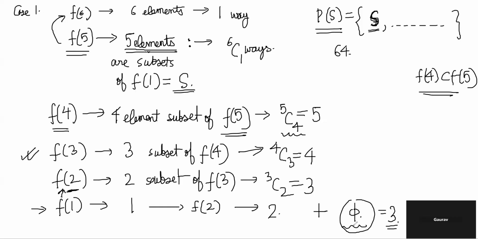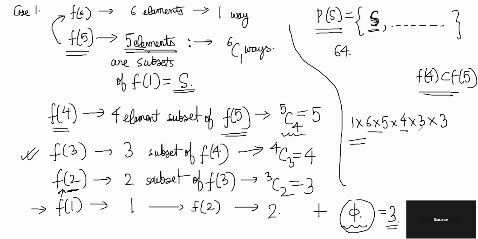Now the total number of ways in this case comes out to be 1 into 6 into 5 into 4 into 3 into 3. So you're getting 1, 3, 4, 120, 360, 1080.